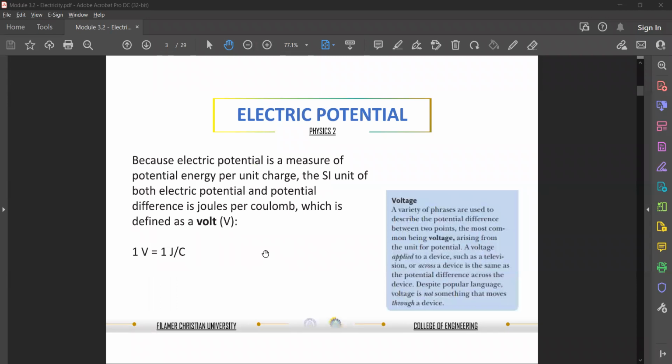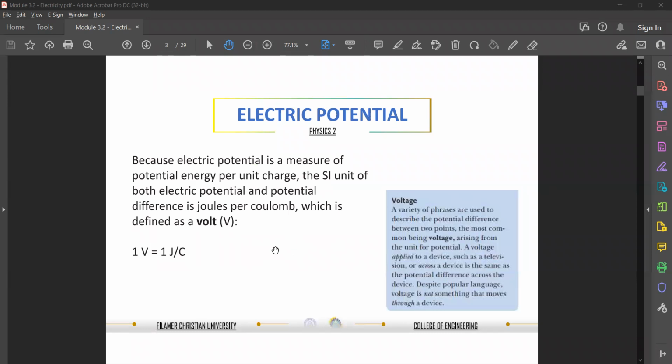Because electric potential is a measure of potential energy per unit charge, the unit of both electric potential and potential difference is joules per coulomb, which is defined as voltage, or what we also call EMF or electromotive force.